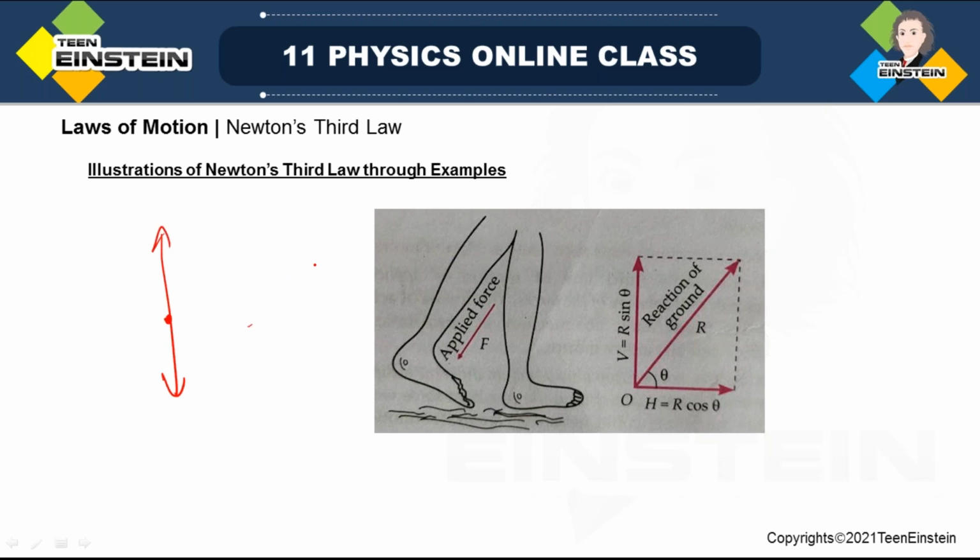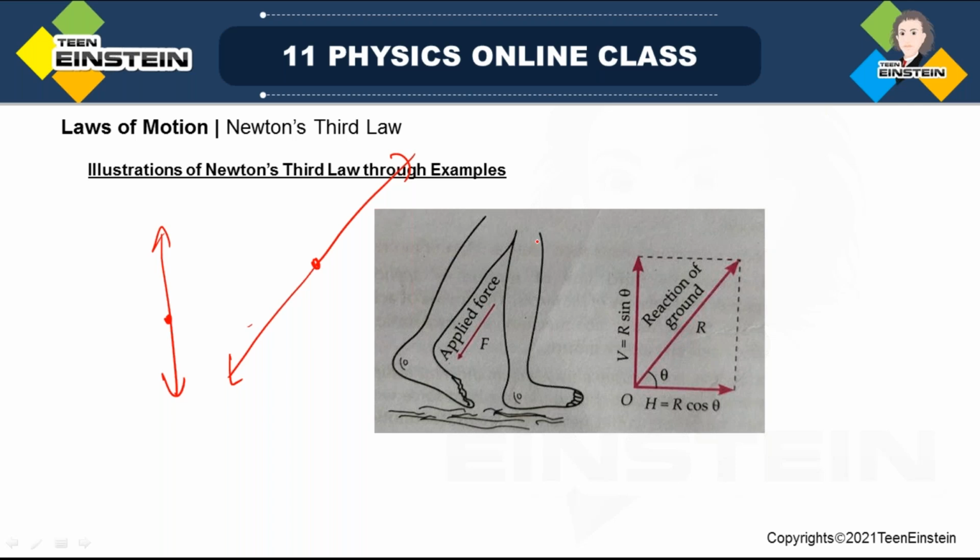Action and reaction happen along the same line but in opposite directions. So as you have given the force obliquely, the normal reaction R also you get obliquely.